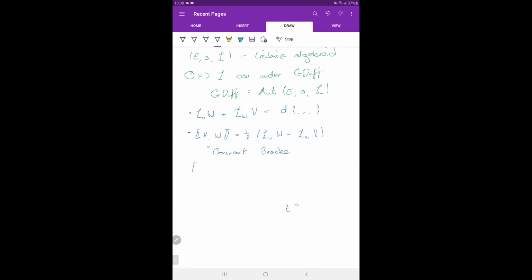And now this is an antisymmetric bracket, but it doesn't satisfy the Jacobi identity. It again satisfies it up to a sort of trivial piece or an exact piece. And this is sometimes called Lie algebroid up to homotopy.